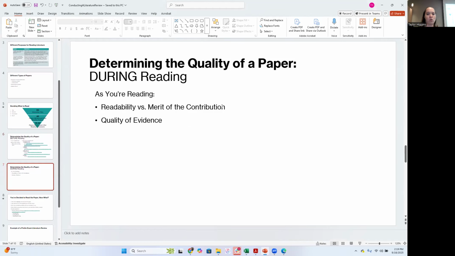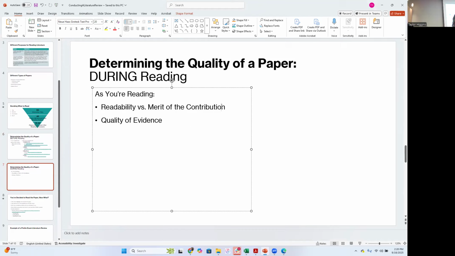So one thing that I want to caution you on is the difference between readability versus merit of the contribution, okay? And we talk a lot about this in human biomechanics, but I almost put a different skew on it. In human biomechanics, you end up reading a lot of papers that are very dense and really hard to read and really hard to understand.